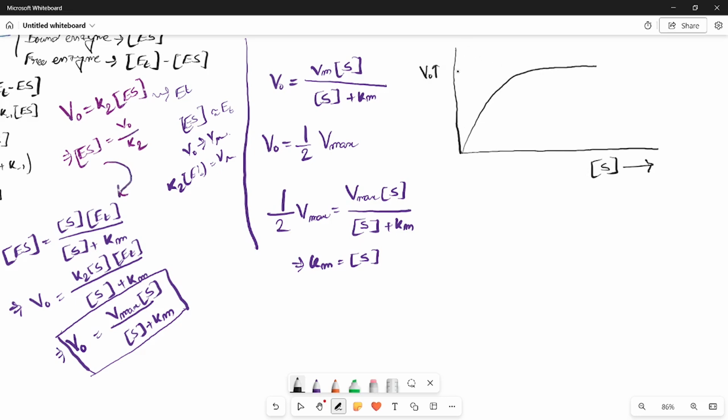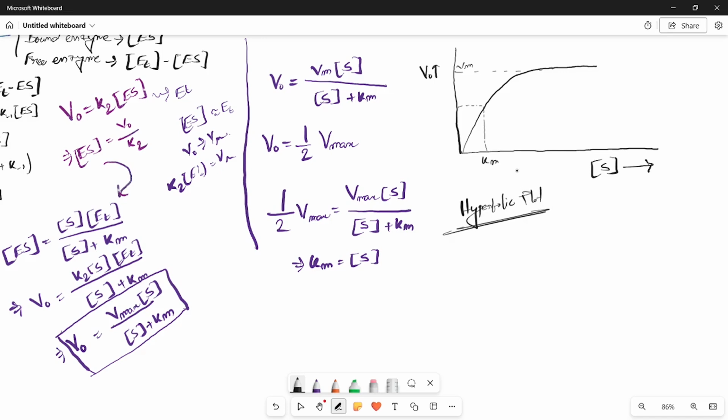This is the maximum velocity, Vmax. Suppose this is the half of Vmax, this is 4, then this is 2. The substrate concentration at which this velocity is reached is called Km. And what kind of plot is this? This is a hyperbolic plot.